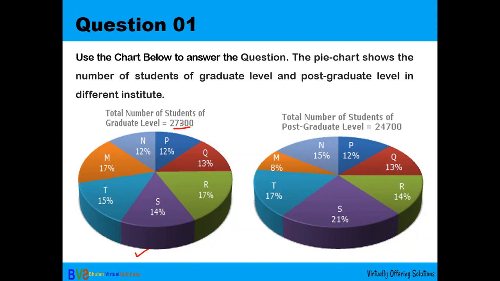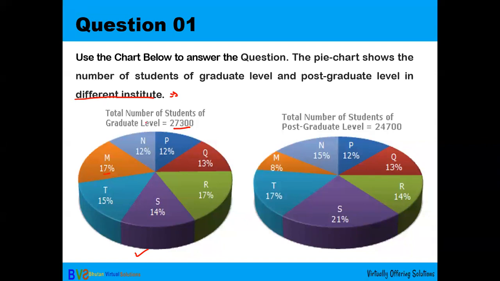What do M, N, P, Q, R, S, T mean? These are all different institutes. For the different institutes, 17% of the 27,300 students are from M institute, then 12% of the 27,300 are from N institute.